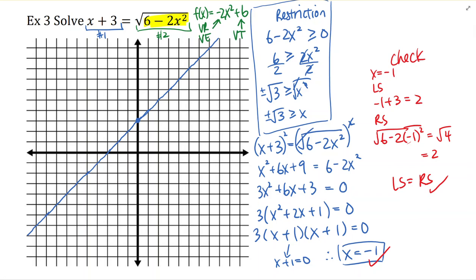I will graph it in green. So it's a parabola that's upside down and moved up 6. That's 1, 2, 3, 4, 5, 6. And it has a vertical expansion of 2. So instead of 1, 1, it's going to be 1, 2, and it's upside down, so it'll be like that.